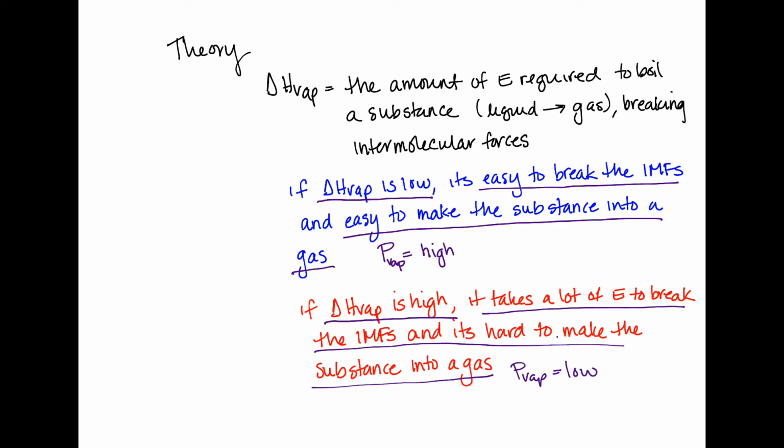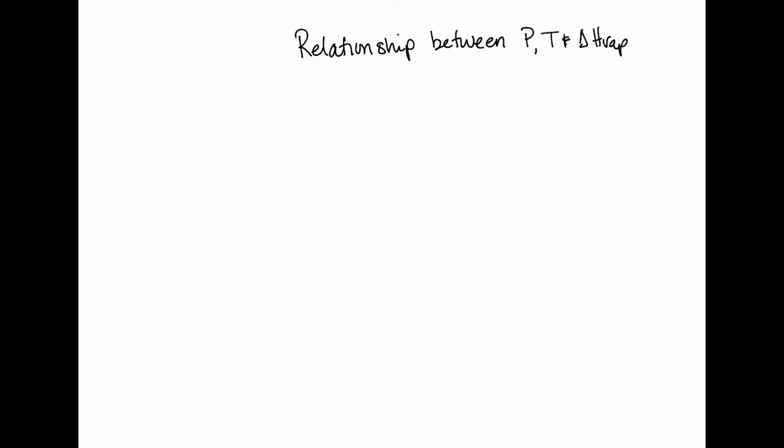So we can see that there's a relationship between the delta H of vaporization and pressures. And there's also a relationship with temperature, because as the temperature of a substance increases, evaporation increases, and the partial pressure would increase. The relationship between pressure, temperature, and delta H of vaporization can be seen in this equation that we call the Clausius-Clapeyron equation.